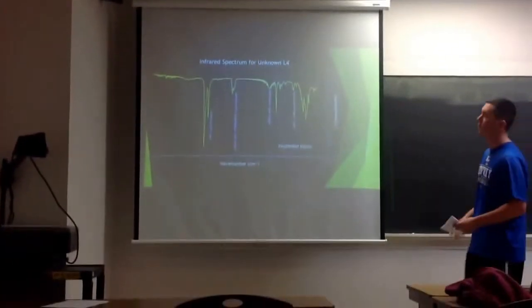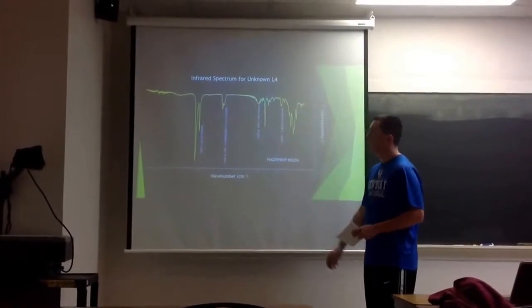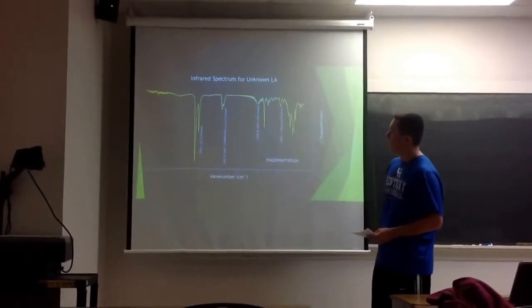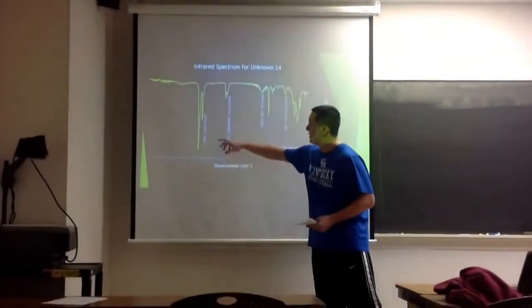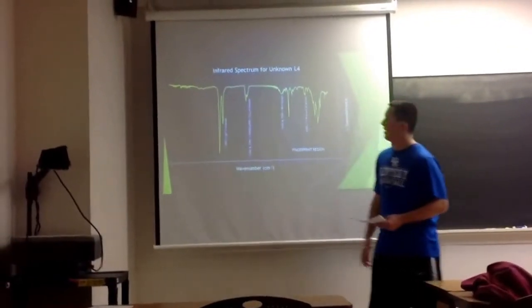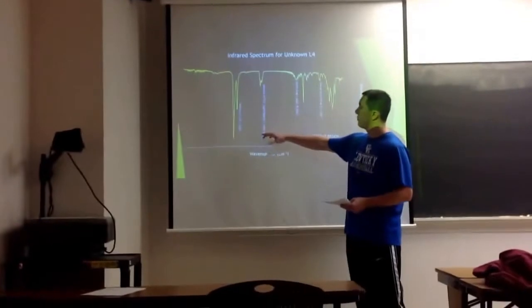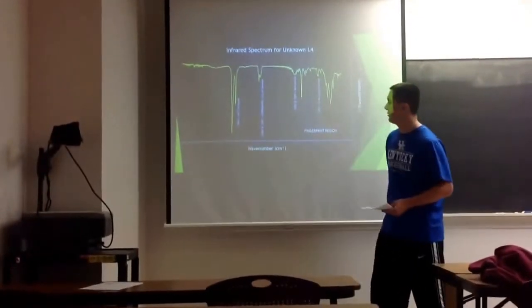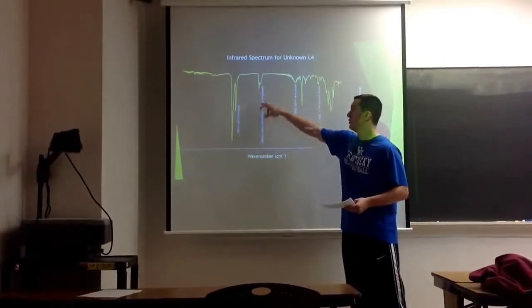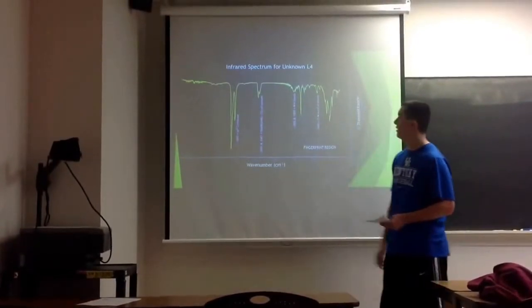Here's our spectrum for unknown L4. For unknown L4, we can see the sp3 CH again around 2052. That seemed pretty evident. That was definitely a major peak. Of course, we can disregard our CO2 absorbance again.